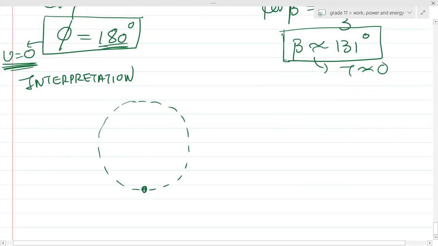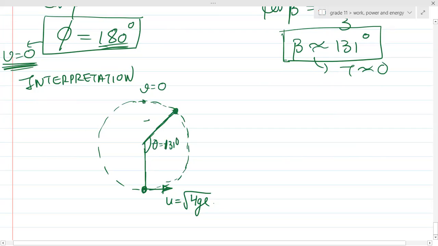whenever the bob is thrown with a velocity u equal to under root of 4gl, this bob wants to go to the top. Here the velocity will be 0. But when it is midway, at theta equal to 131 degrees, at this particular point the tension in the string becomes 0.